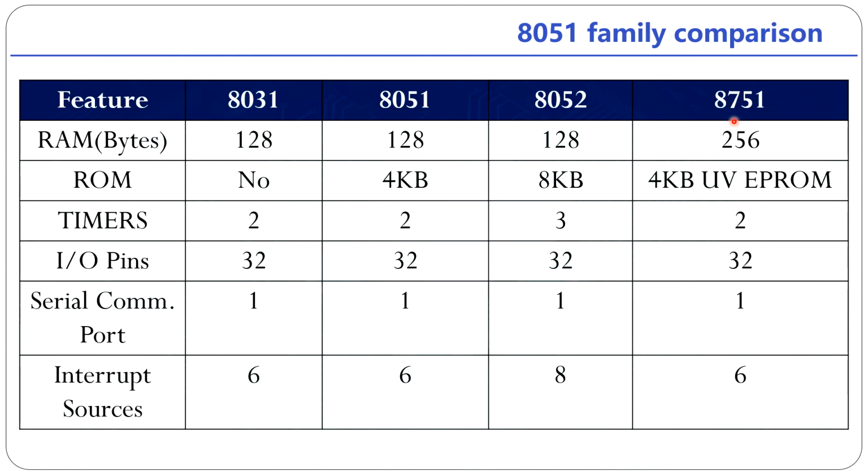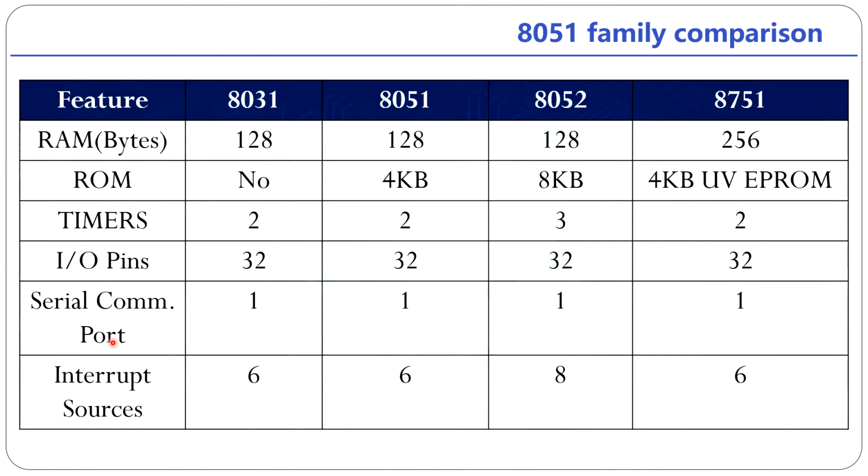But in 8751, 4K byte UV EEPROM is available. Timers: two timers are available in this microcontroller, two timers in this, only three timers in 8052, and this microcontroller also has two timers. Input output pins: 32 input output pins in all microcontrollers.